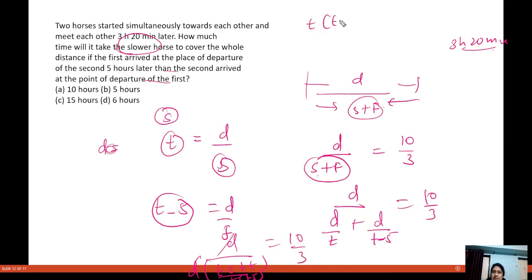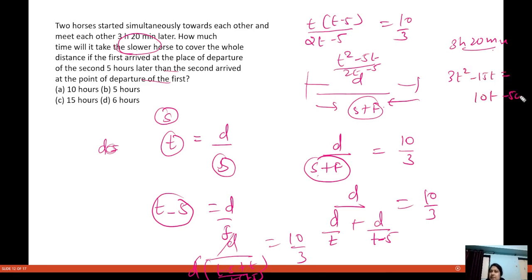So T minus 5 plus T gives 2T minus 5 over T into T minus 5 equals 10 by 3. So we have T square minus 5T and we have 2T minus 5. So you have 3 into 2T minus 5 equals 10 into T square minus 5T, that is 3T square minus 15T.